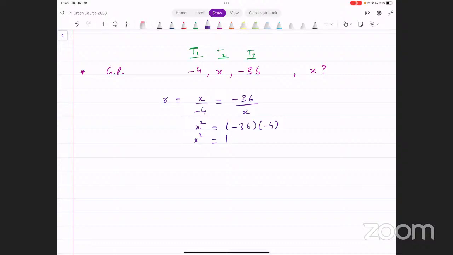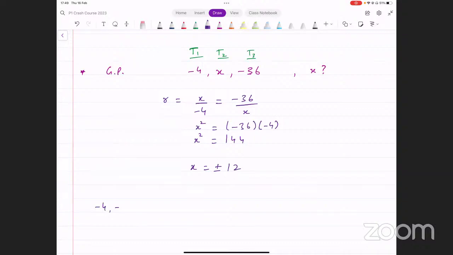Now, in this case, actually, this information is not quite enough, because there is a possibility of having both x's. So you could say there are two possible values of x in this case. It could be plus 12 or minus 12. Both of those possibilities are there. So you could have one sequence which looks like this: minus 4, minus 12, minus 36.